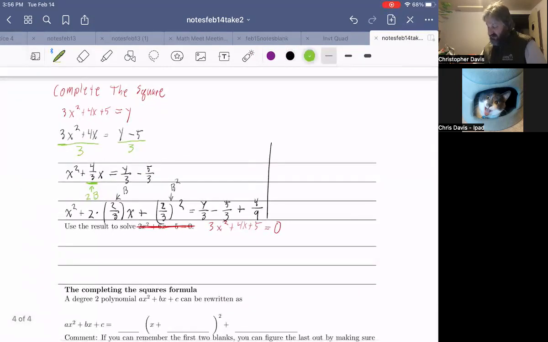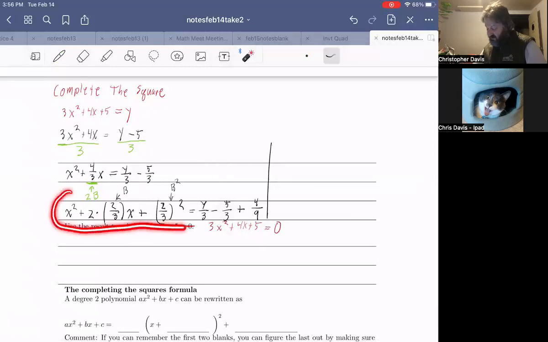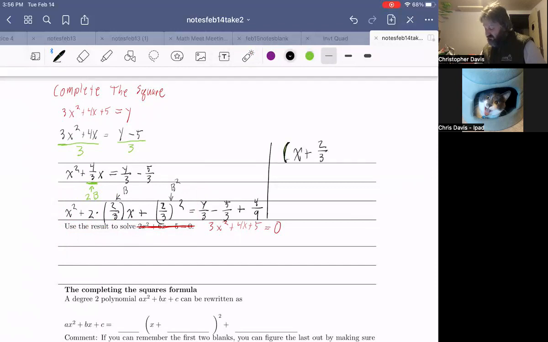This part is a perfect square. It's something that looks like x squared plus 2bx plus b squared. So I can rewrite that side as x plus b squared equals the right-hand side, y over 3 minus 5 over 3 plus 4 over 9.